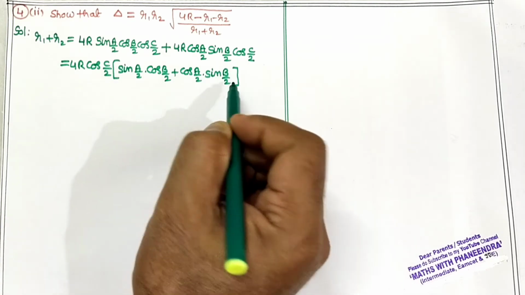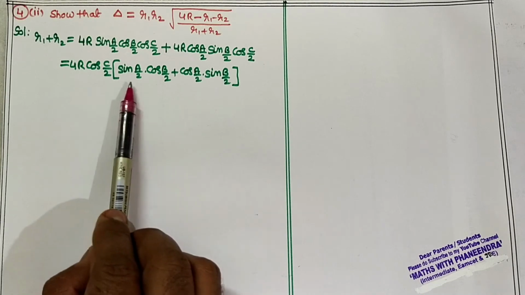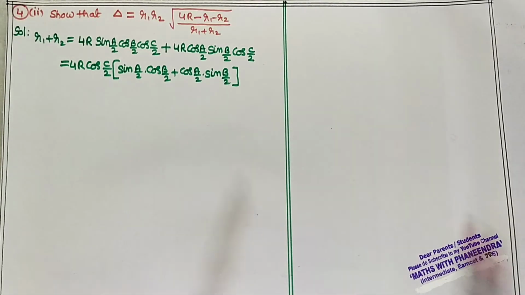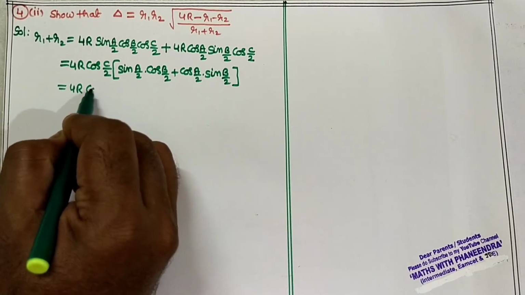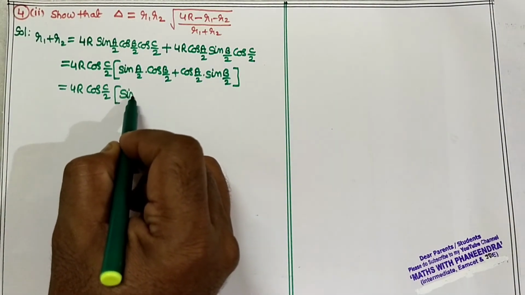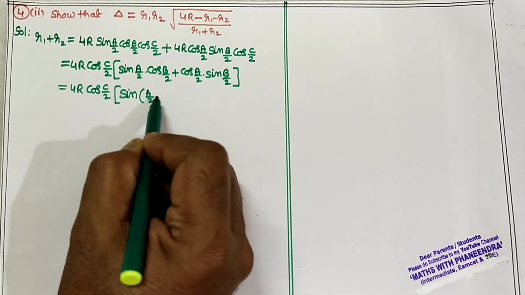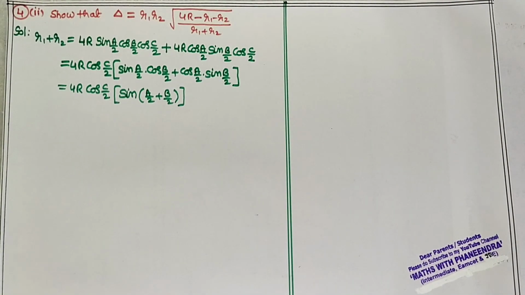If you observe that bracket value, dear students, it is in the form of sin A cos B plus cos A sin B. So this bracket value we can write as sin of A plus B, this means A by 2 plus B by 2: 4R cos C by 2 into sin of A by 2 plus B by 2, by using the formula sin A cos B plus cos A sin B means sin of A plus B formula.